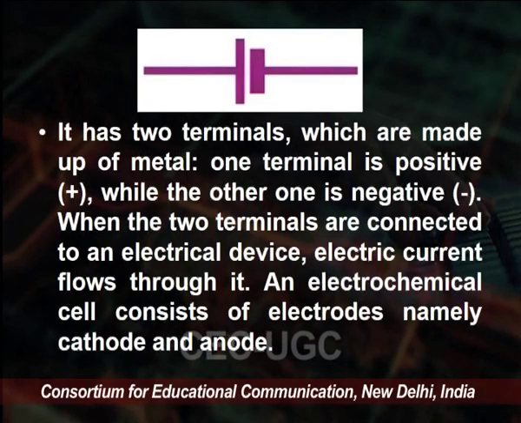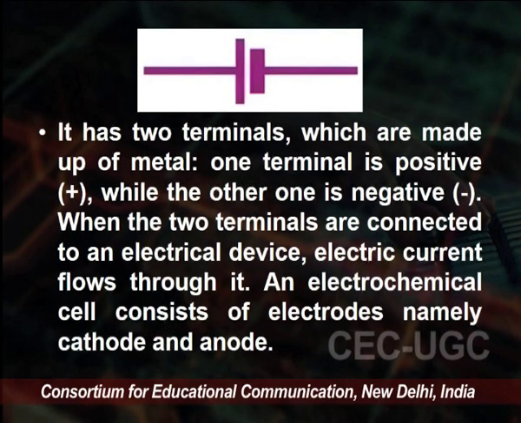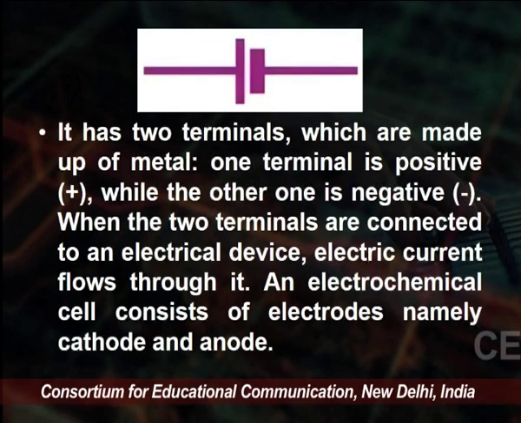An electrochemical cell consists of electrodes, the cathode and the anode, through which the electricity will flow. The non-spontaneous reaction is controlled by an external source of current.